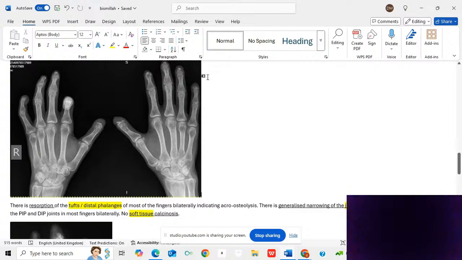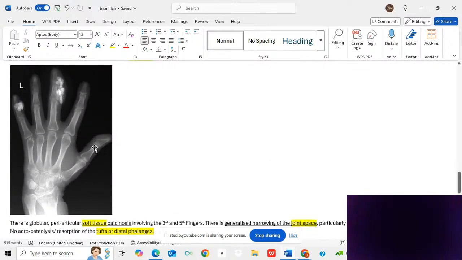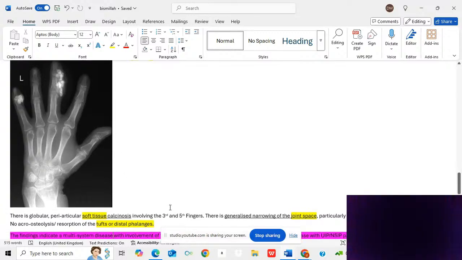Let's see in the other case. The distribution of the arthropathy or the joint space narrowing involves the proximal and distal interphalangeal joints, as well as the radiocarpal joint, and spares the joints in between.